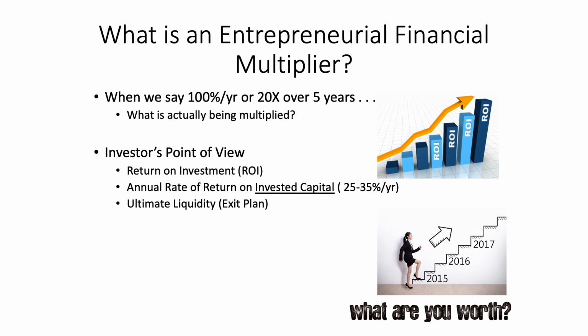And by using an internal rate of return calculation and describing the dividend payments and ultimately the sale of the stock that they have purchased, they can calculate what their internal rate of return is. And that return on investment should look like something like 20 to 30 or 25 to 35% per year.